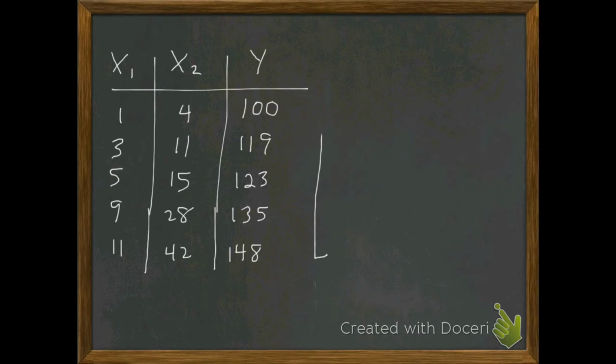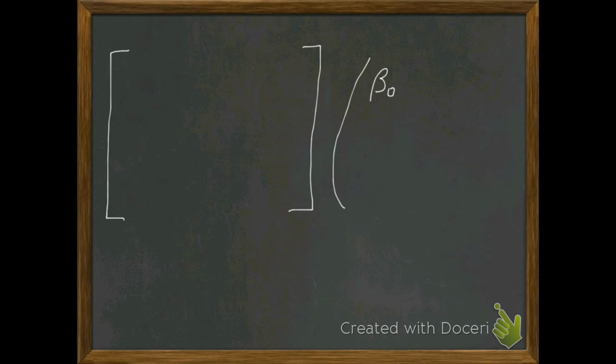I want to create the matrix, and this is going to be equal to the other matrix, following exactly what we did in class.